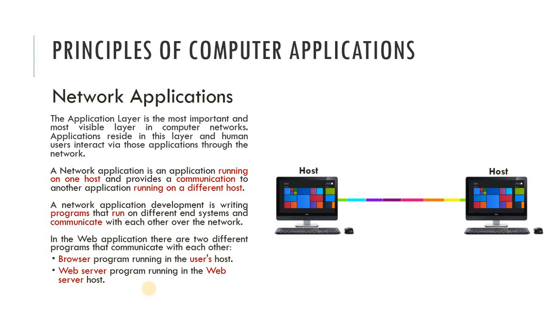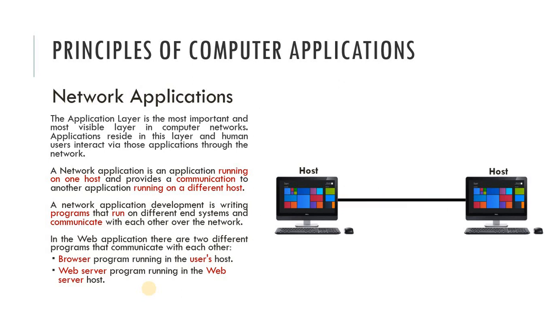Applications reside in these layers, and human users interact via those applications through the network. With the help of that application a human can interact with the other host. A network application is an application running on one host that provides communication to another application using a different host.